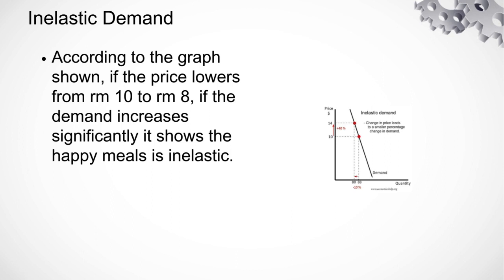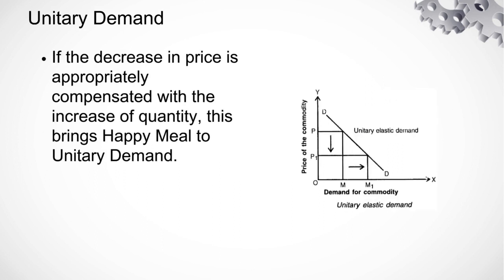According to the graph shown, if the price lowers from RM10 to RM8 and the demand increases only slightly, it shows that Happy Meal is inelastic. Third, unitary demand. If the decrease in price is appropriately compensated with the increase of quantity, this brings Happy Meal to unitary demand.